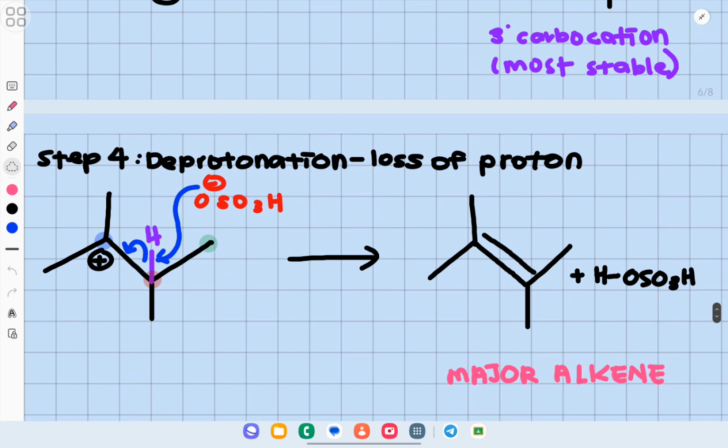The last step is deprotonation, loss of a proton. In this step, the oxygen ion will bind with one H on the red carbon to form back the acid, which is sulfuric acid or H2SO4, and forming the alkene.